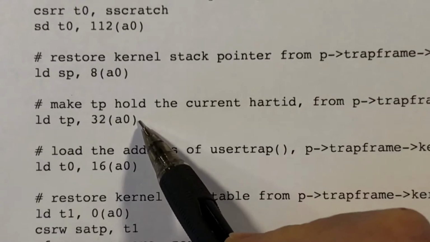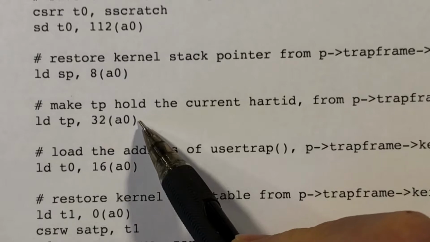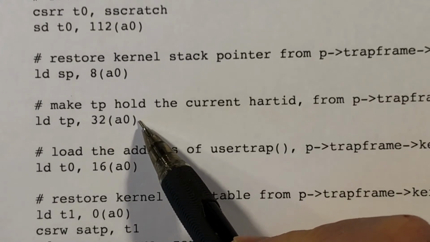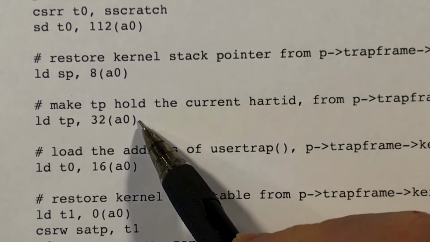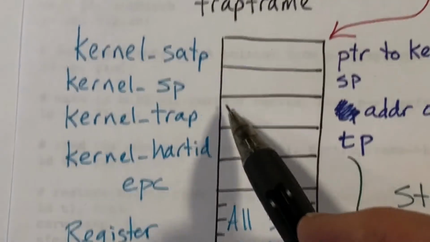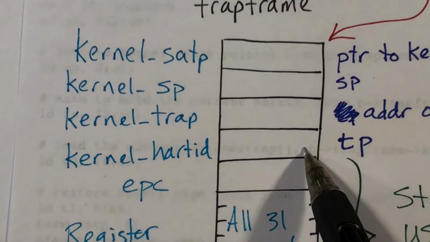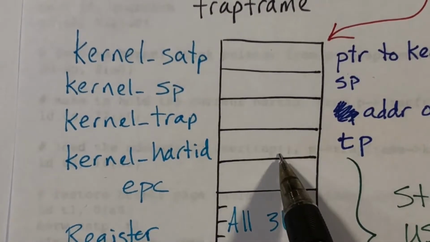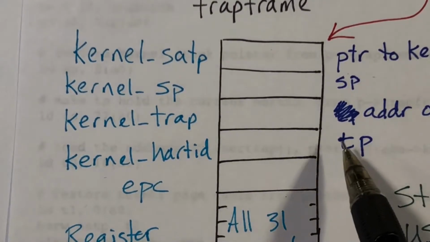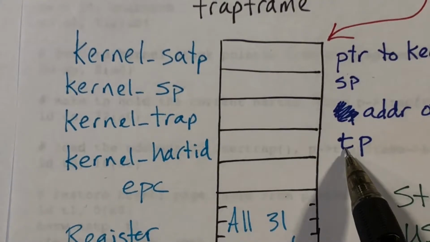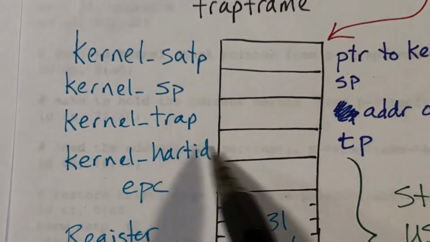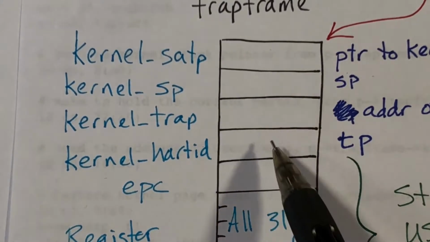We've been executing, and we are currently executing on some particular core, but we don't know what core we're executing on. However, before we went into the user mode code, we would have saved in this field right here the number of the core that we're executing on, the so-called hart ID.